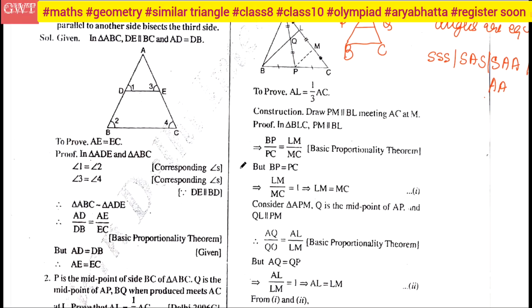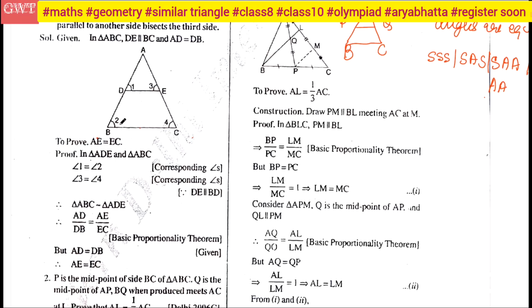Now see how it is proved. They are given that ABC is your triangle and this line DE is parallel to BC. Then AB is your what? AB is the transversal. Okay, now tell me, angle 1 and angle 2 are what? They will be equal, but which kind of equality do they hold? Name the equal angles, angle 1 and angle 2.